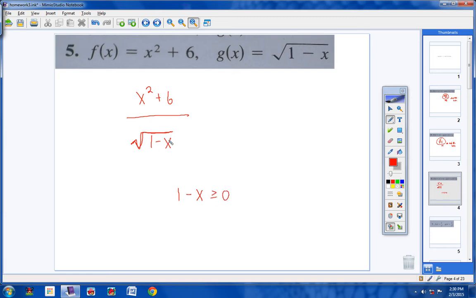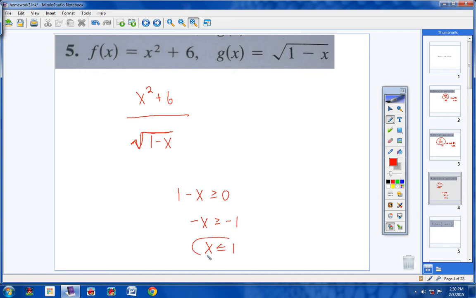You can never take the square root of a negative number, so bring the 1 over and make it a negative number. Then hopefully you remember from Algebra 2, whenever you divide an inequality by a negative number, you turn the arrow. So divide both sides by a negative 1. This becomes positive. Your arrow turns, and this becomes positive.